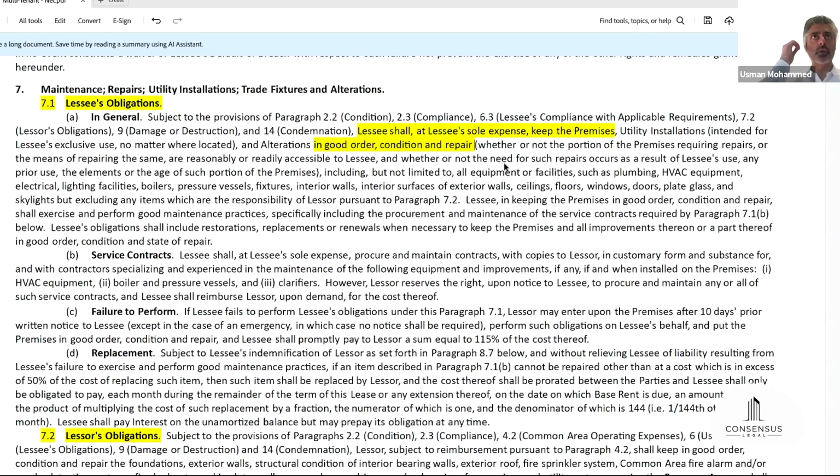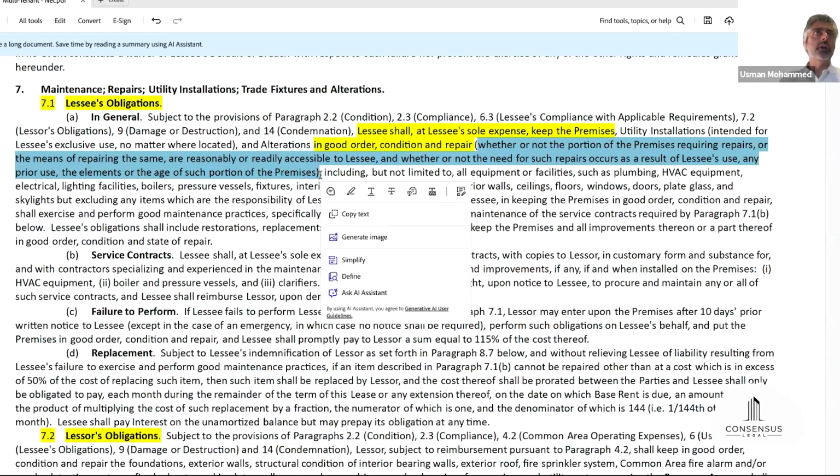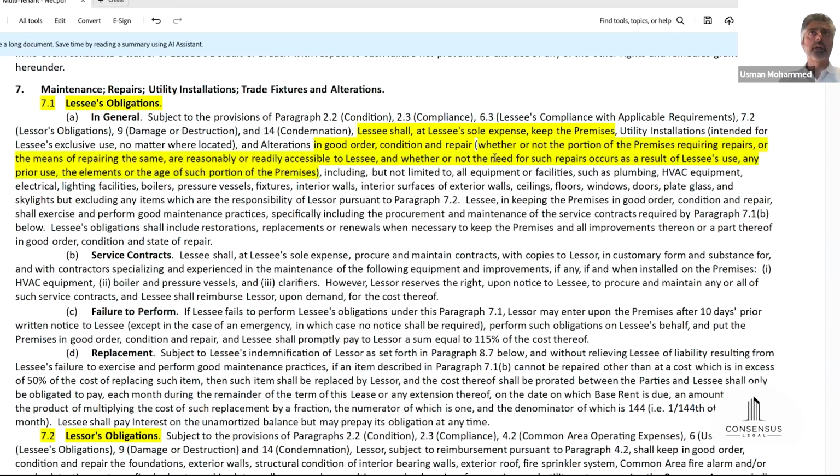That is the general rule that we talked about. But the AIR CRE lease doesn't just leave it at that. It flushes out this concept in a very thoughtful way. And the first way it flushes it out, this general rule that lessee is responsible to keep the premises in good order, condition, and repair, is with this parenthetical.